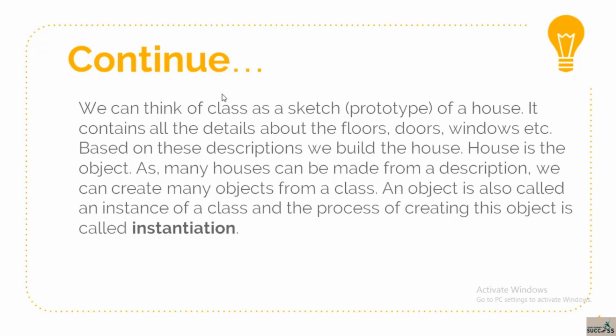Based on these descriptions, we build the house. A house is an object. As many houses can be made from a description, we can create many objects from a class. An object is also called an instance of a class, and the process of creating this object is called instantiation.